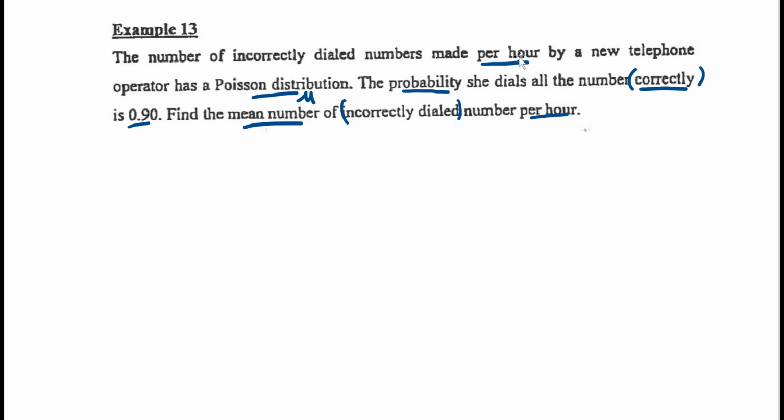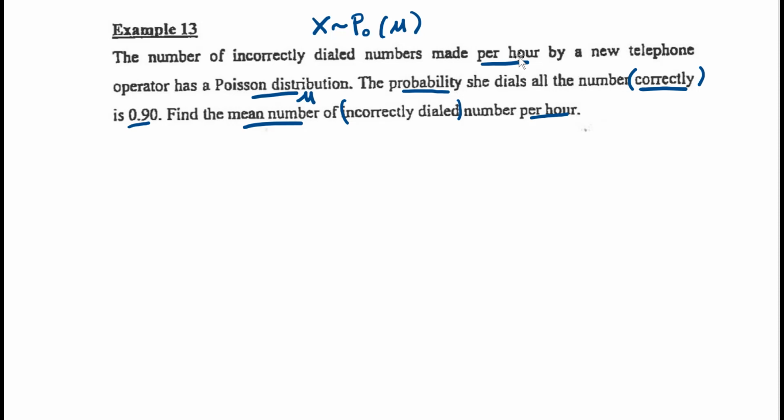Okay, so now since this is a Poisson distribution, we must look at the unit of measurement. It is given per hour. That means your unit is per hour and the question asks per hour, so your mu is the same. The question asks you to find the mean, and it's given that the probability of dialing the numbers correctly is 0.90.